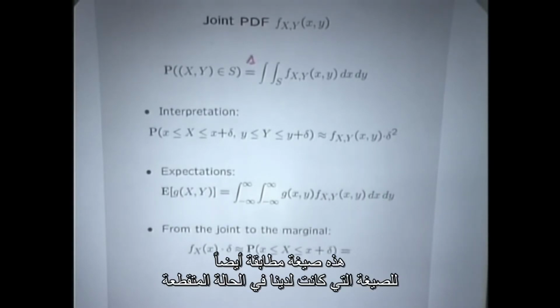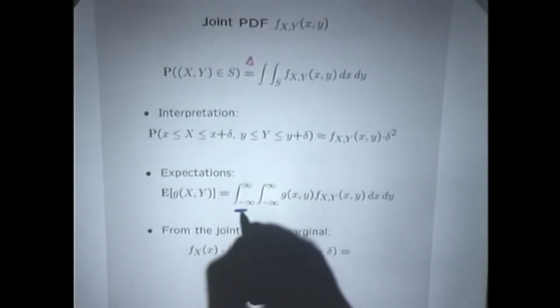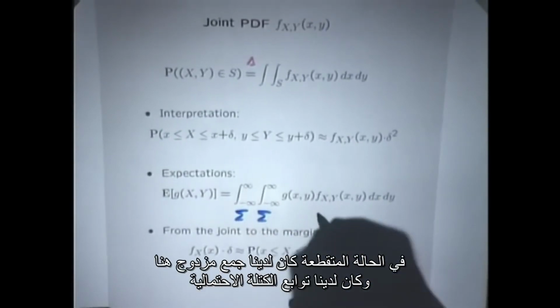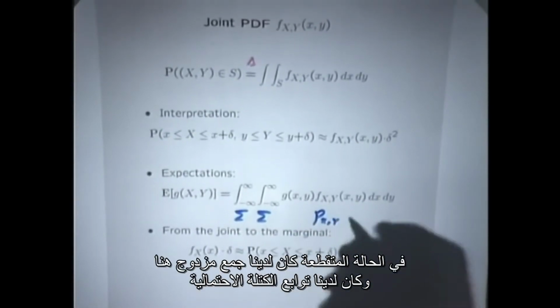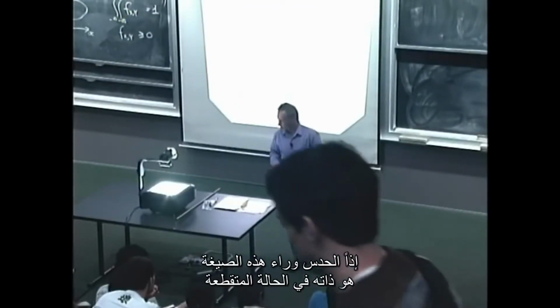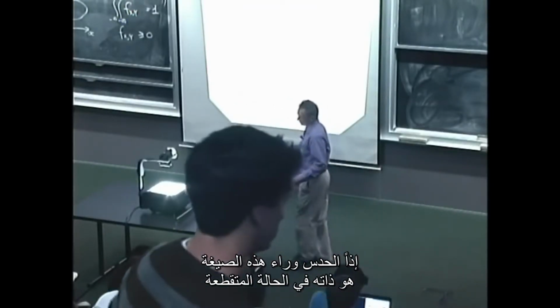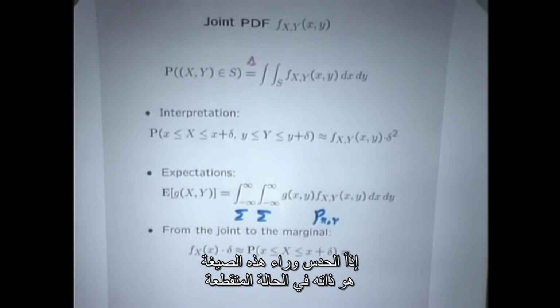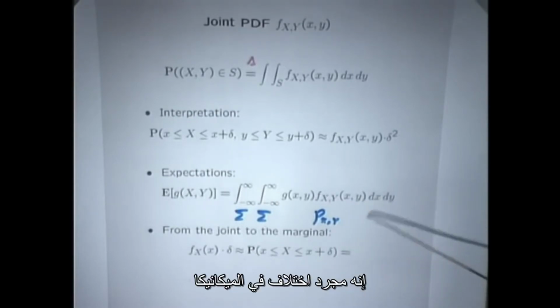This is a formula that's again identical to the formula that we had for the discrete case. In the discrete case, we had a double sum here, and we had PMFs. So the intuition behind this formula is the same that one had for the discrete case. It's just that the mechanics are different.